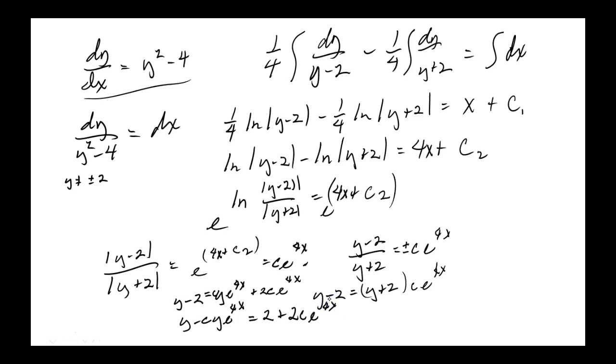Now, let's factor out the y here, and you have y times 1 minus c e to the 4x is equal to, factor out the 2 here, 2 times 1 plus c e to the 4x. And then merely divide both sides by 1 minus c e to the 4x.